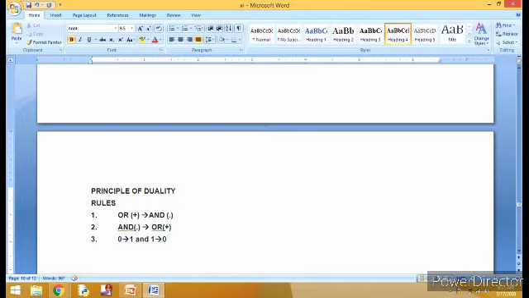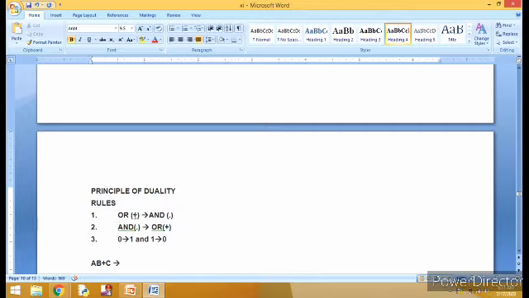Suppose, let us take an example. If it is asked to get the dual form of AB plus C, what will be the dual form? You have to apply the same rule over here.